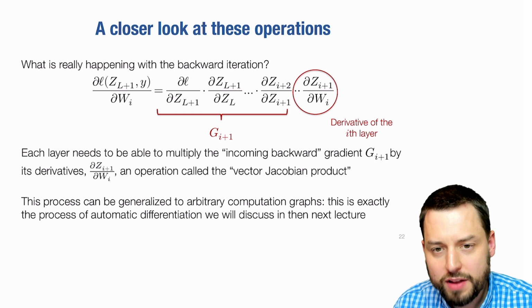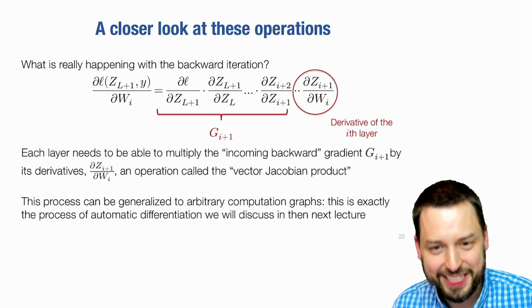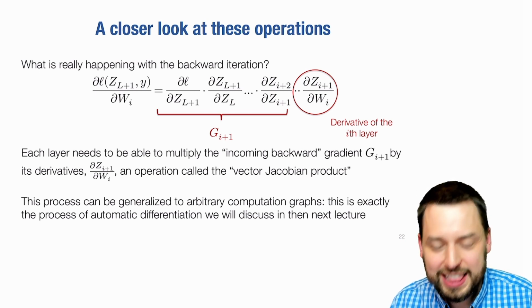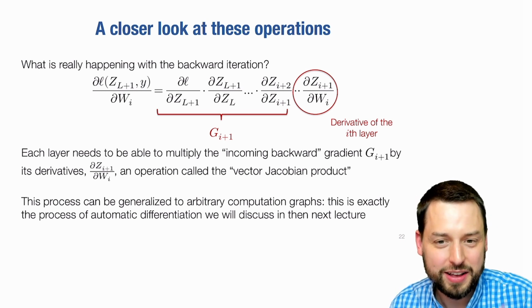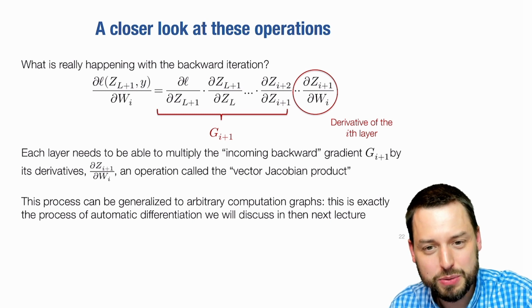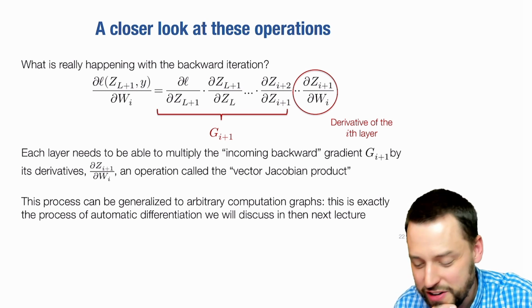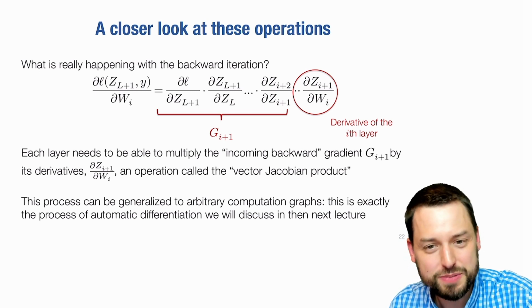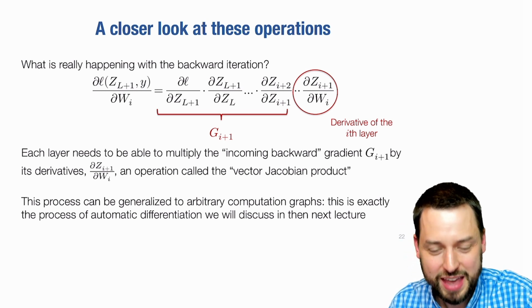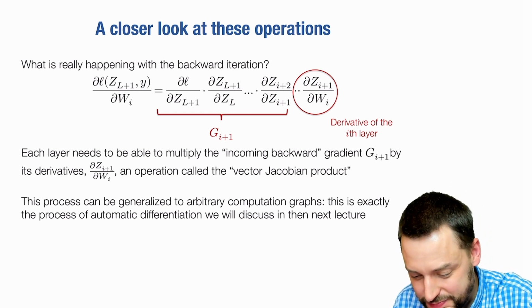And one way to view this is, what was the job of the ith layer, right? Well, the ith layer, first of all, had to compute itself, right? I had to know how to compute the ith layer. If you talk about the responsibility of the ith layer, and that's maybe an odd way of phrasing it, its responsibility is first to be able to compute its forward pass, right? Compute its layer, compute itself.